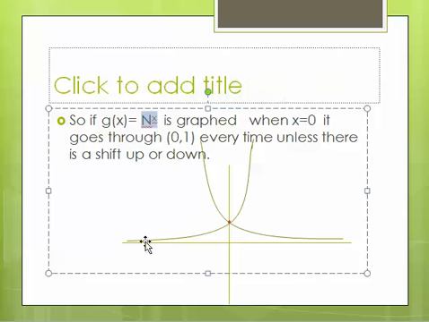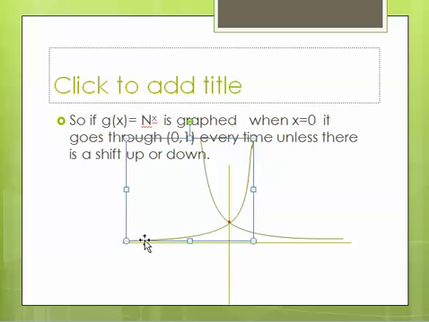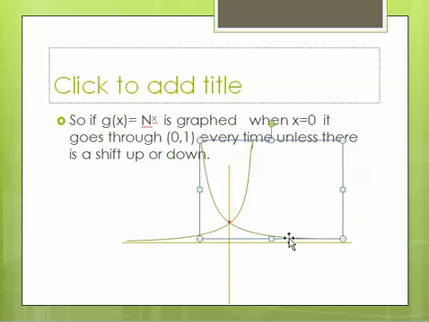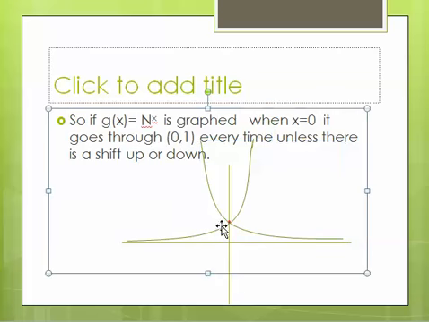So every one of these graphs, no matter what they look like, whether they look like this one here that's going up to the right, or this one over here that's going up to the left, they're still going to go through that point (0, 1). And this helps us a lot, because if we see a graph that looks like an exponential and it's not going through (0, 1), but it's going through (0, 43), that must mean that it's been shifted up 43 units.